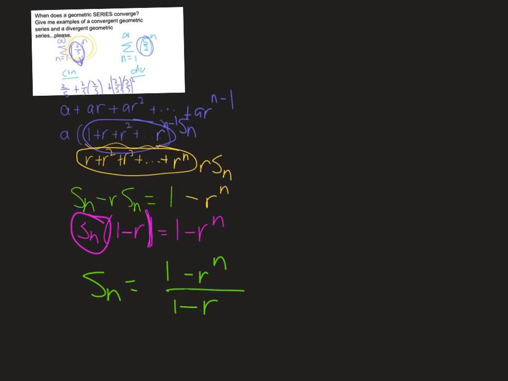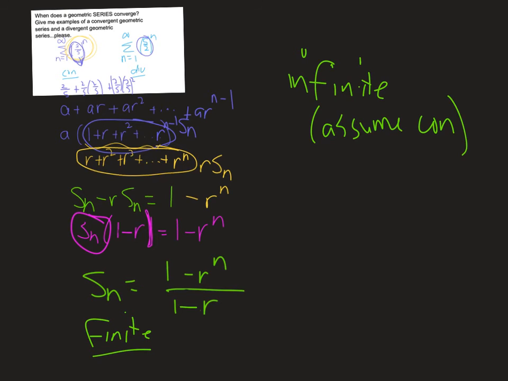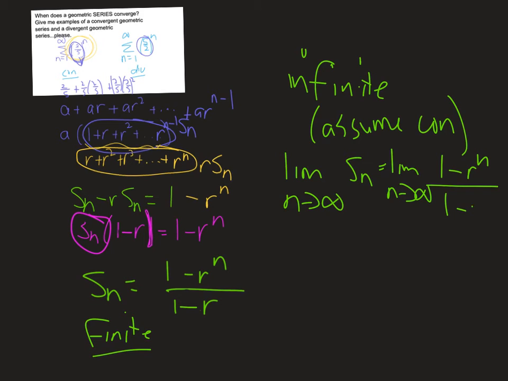Now, this is if we're finite. But go big or go home, right? So we want to make that infinite. And we're going to assume we converge, because this does not work if we diverge. So if we're infinite, we want the limit as n goes to infinity of the Sn, which is the limit as n goes to infinity of 1 minus r to the n over 1 minus r.